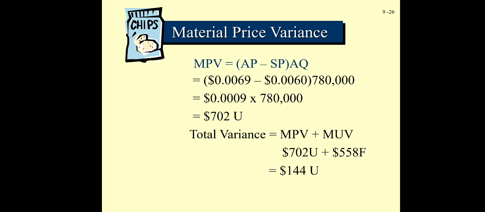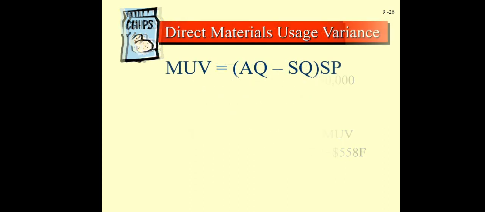You see the numbers there. $702 unfavorable is higher compared to the $558 favorable. So the total is $144 unfavorable. It is like you add positive numbers and negative numbers. Okay, that is for direct material.